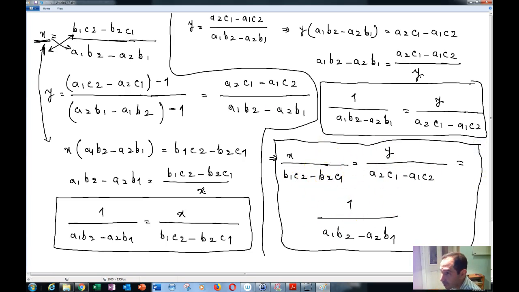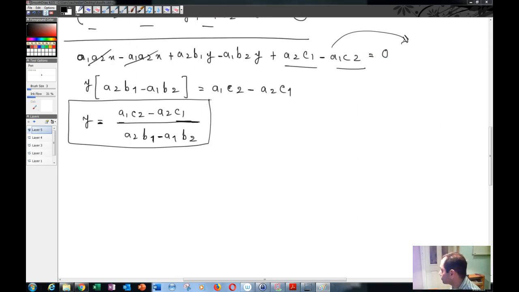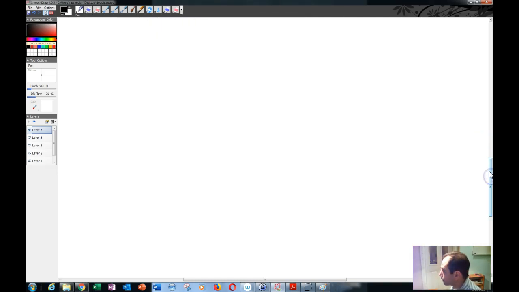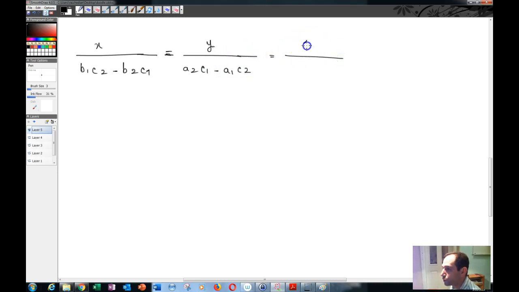over here. So I write this down over here as x over b1c2 minus b2c1 is equal to y over a2c1 minus a1c2 is equal to 1 over a1b2 minus a2b1.